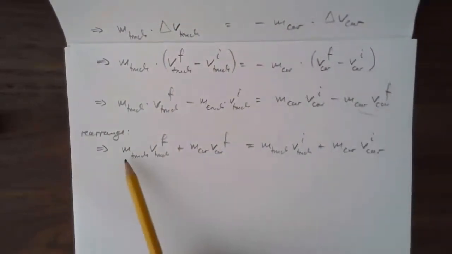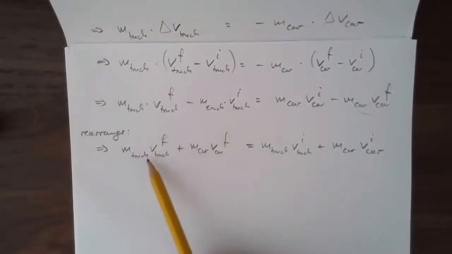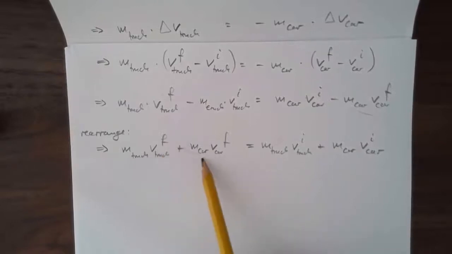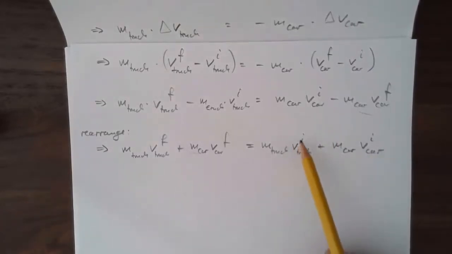So what is this saying? It's saying multiply the mass by the velocity at the end and add them together for all the components of the system that are interacting here, the truck and the car. That's equal to the same expression, mass times velocity of each one added up before the collision, initially.